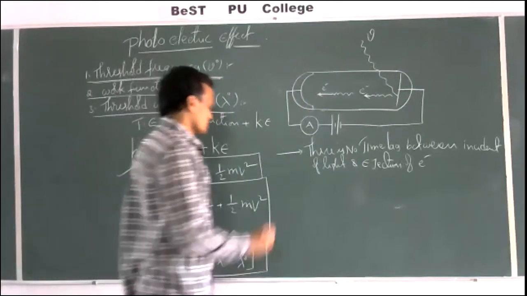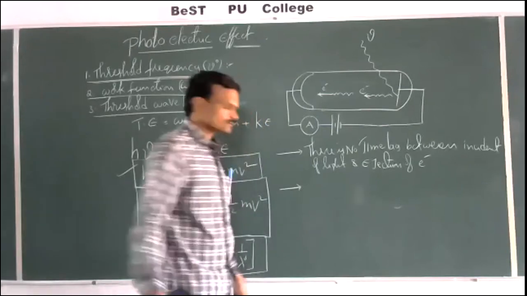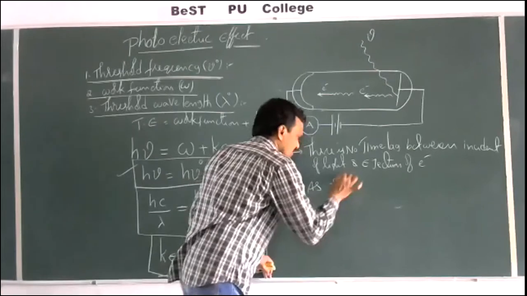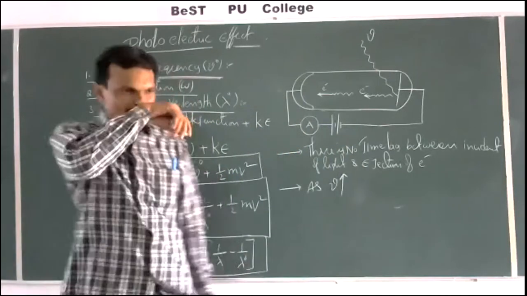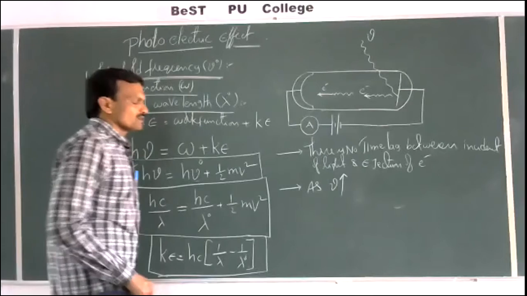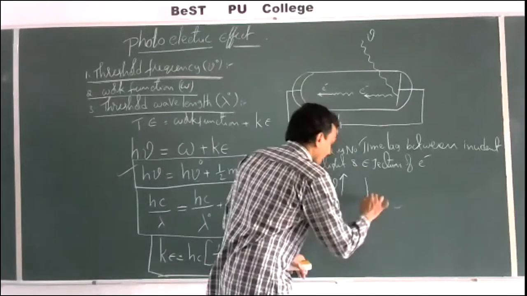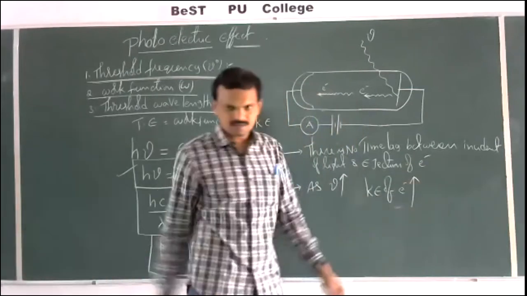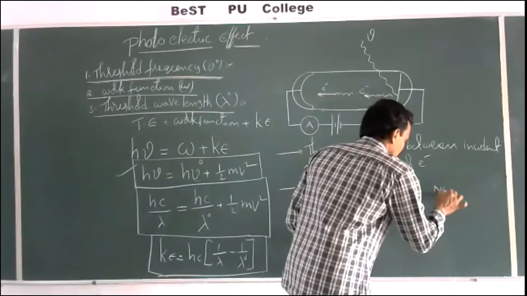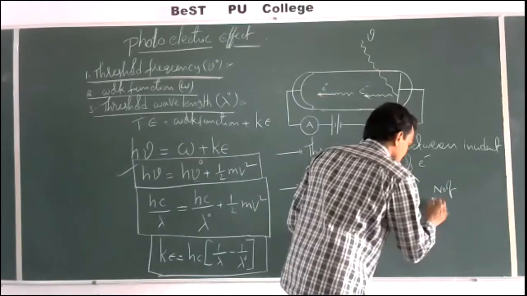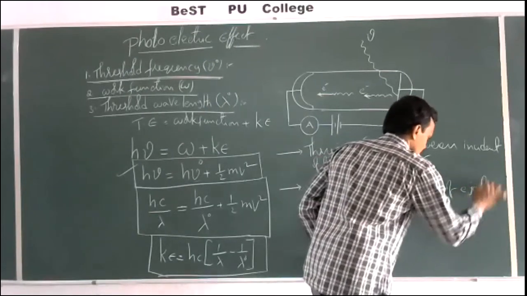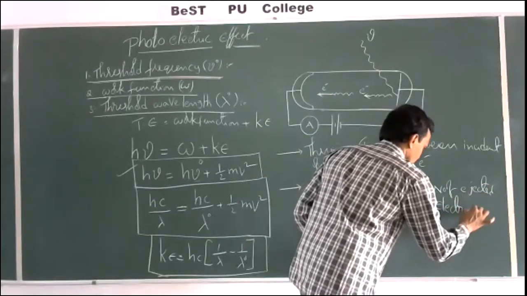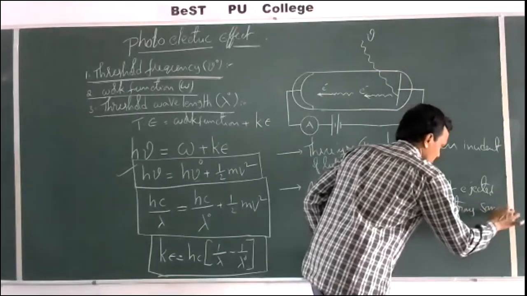Okay, right. Next, see, as the frequency of radiation increases, kinetic energy of electrons increases, but number of ejected electrons remains the same.